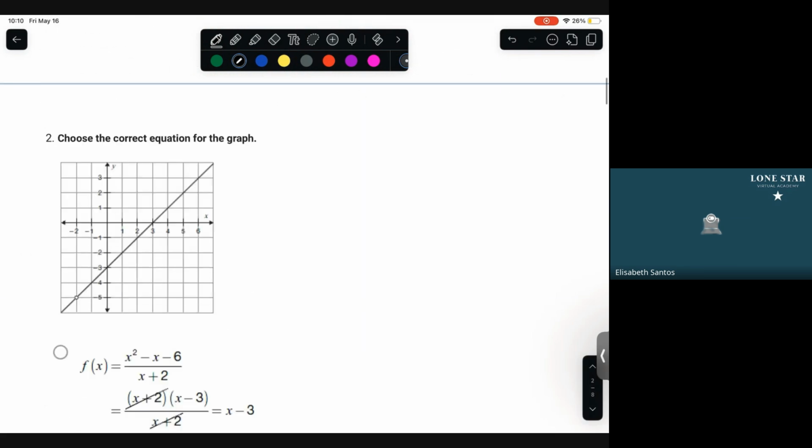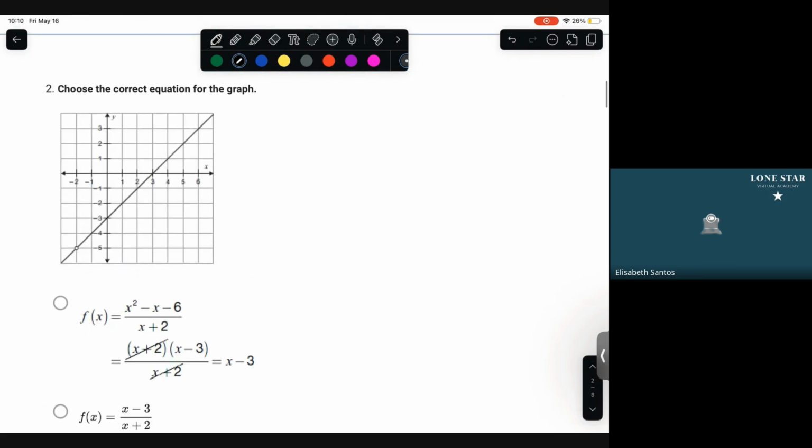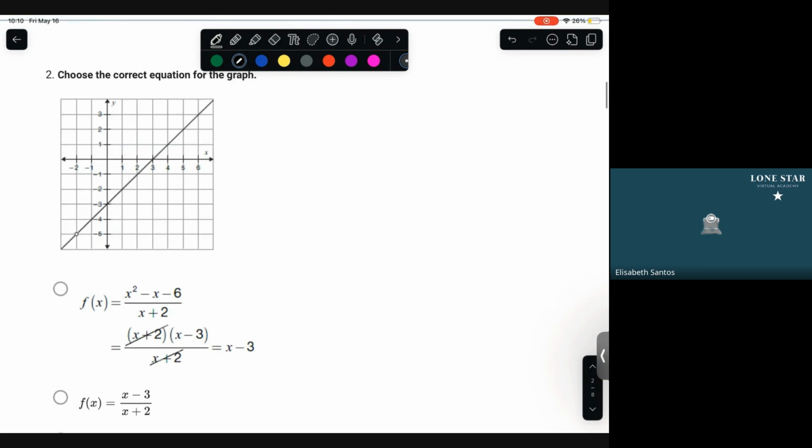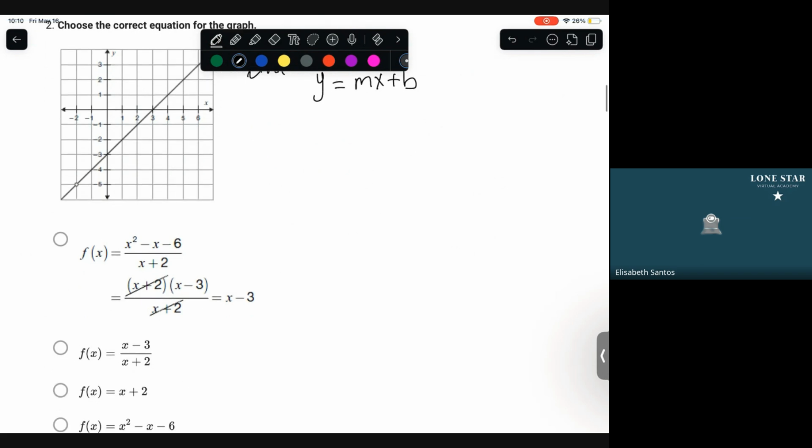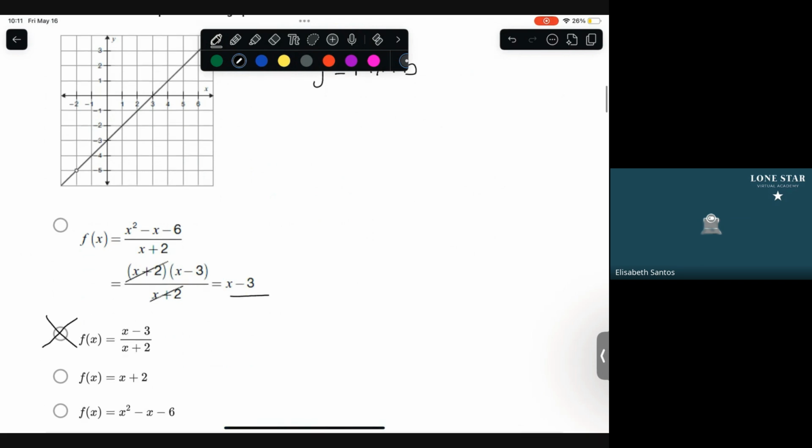Okay, so let's go to number 2. It says choose the correct equation for the graph. Well, we know this is a line, right? So our equation would be in some form of y equals mx plus b. And A is an option, B is not, C is an option, and then the last one here is not.